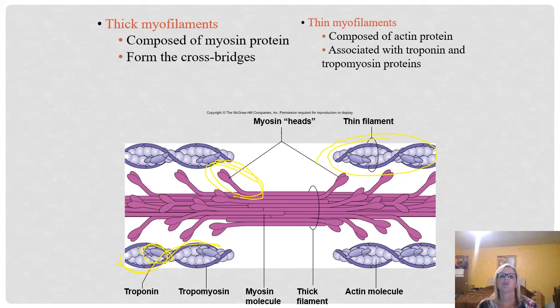So they're attached to the actin filaments. Troponin has three proteins basically attached. Tropomyosin is the more rod-shaped one. It sits in the longitudinal grooves of the actin. Basically, you just need to know that they're attached together. So together, that's what we call the troponin and tropomyosin complex.